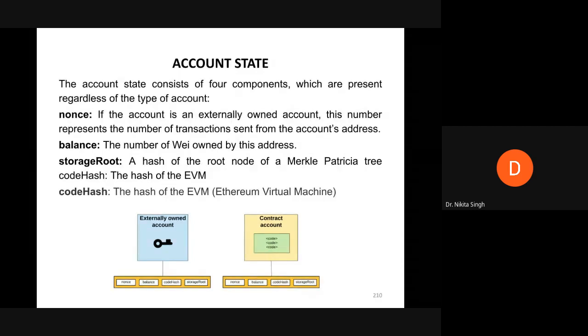Let us look at the reasons one by one. The first reason is that it allows us to send transactions in order.